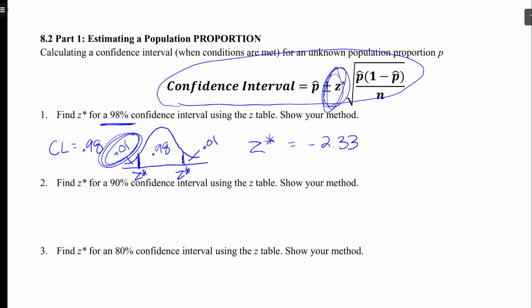Okay, so at this point I want to think, well, wait, should it be a negative number? Because I also have this z star over here on the right hand side. Well, remember that a normal curve is symmetrical. So if this one over here on the left hand side is negative 2.33, what's going to be this one over here that's on the right hand side? It's going to be a positive 2.33.